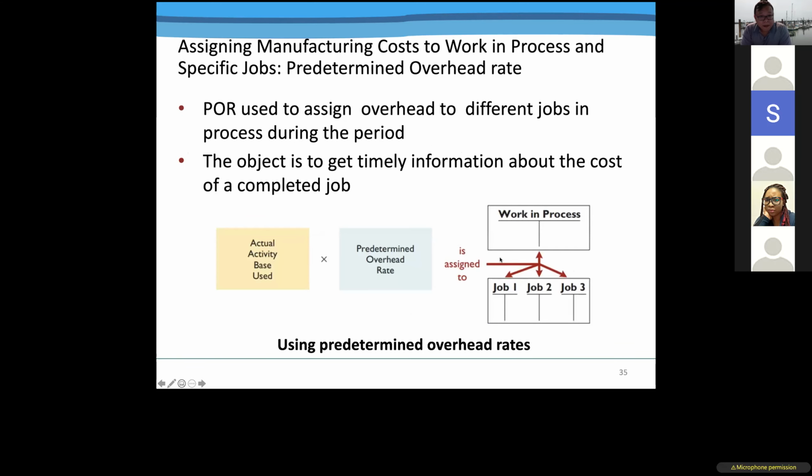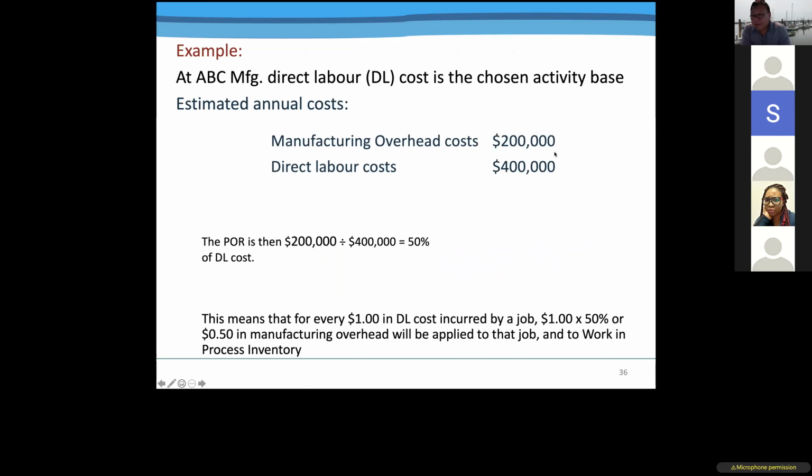ABC manufacturing company: direct labor cost is the chosen activity base. The estimated annual manufacturing overhead cost is 200,000. Direct labor cost is 400,000.